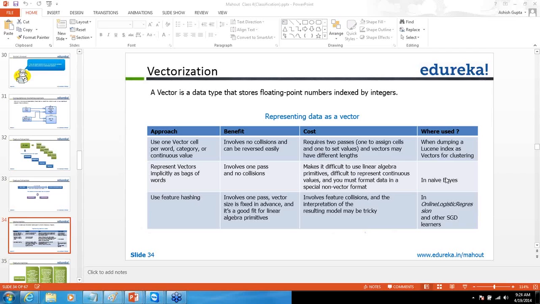Okay, so with one shell per word, category or continuous value, it is a way to encode your classifiable data as a vector. It will take two passes over the training data. One pass determines the necessary size of the vector, that is, what the vector size would be if I take all these values into account.